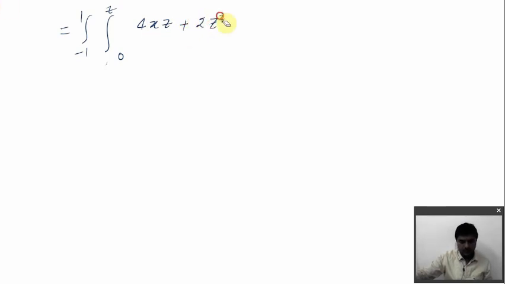Okay, so next again we'll continue. This is equal to now integration -1 to 1 integration 0 to z 4xz plus 2z square dx dz you are getting.